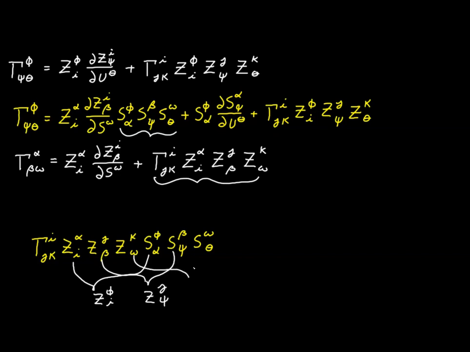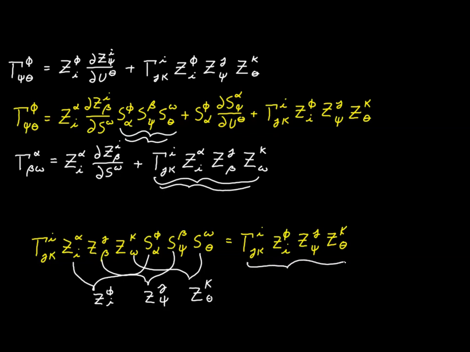And this one combined with this one will give us z k theta. So this entire expression would reduce to this form. So these factors multiplied by this term will give us this term.